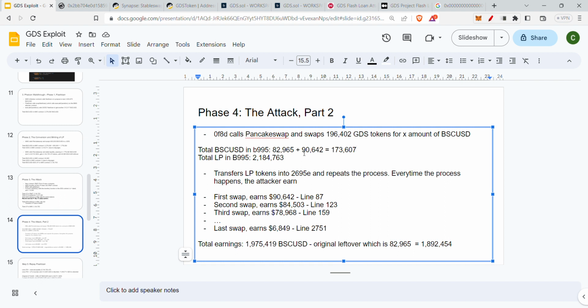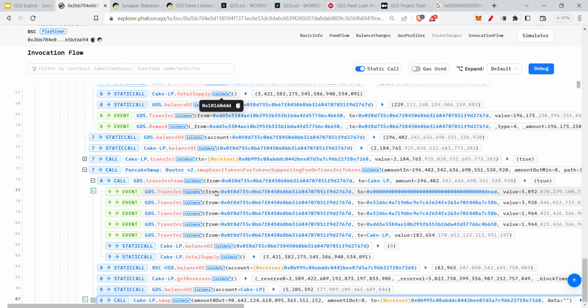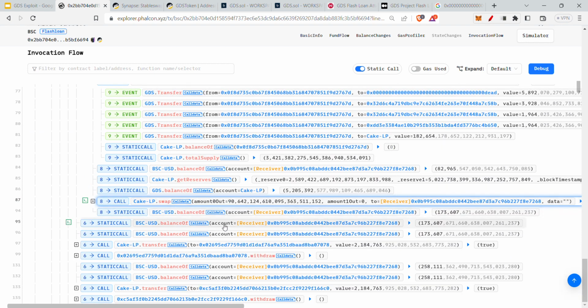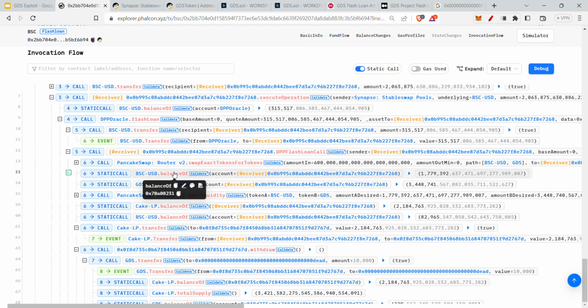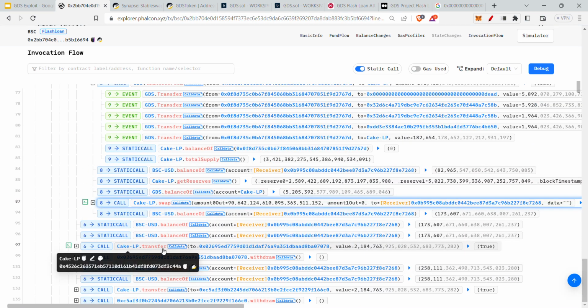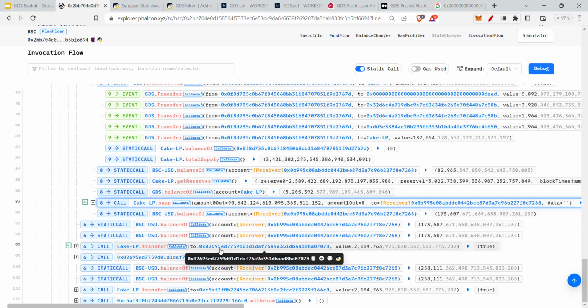So let's look at why this is the case. What happens is the B995 tokens transfer to a new contract, 2695, and repeats the process. Every time the process happens, he will get 196,402 GDS tokens. So let's look at when he transfers another time over here. He calls transfer to 2695.